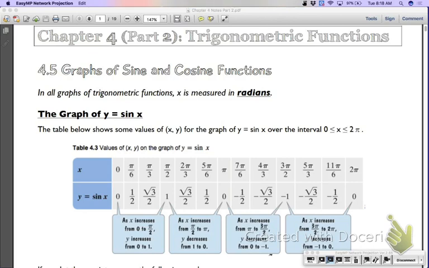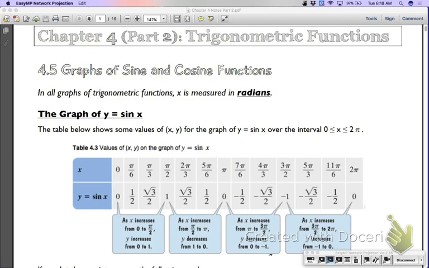Like I said before, it basically looks like a roller coaster, or just hills going up and down, because it's going around that circle and your values aren't going to change.